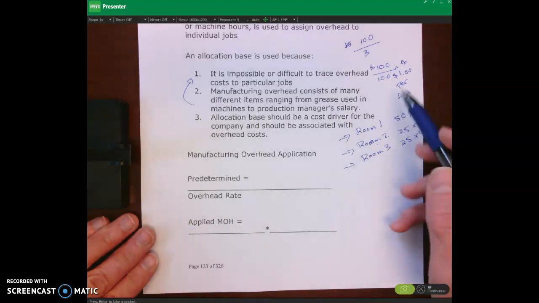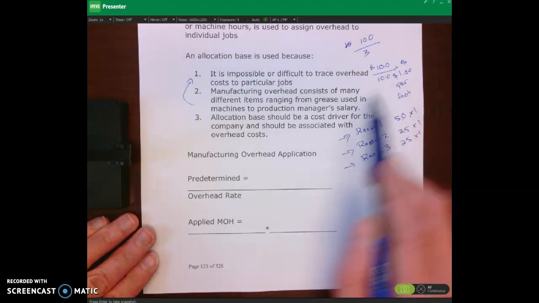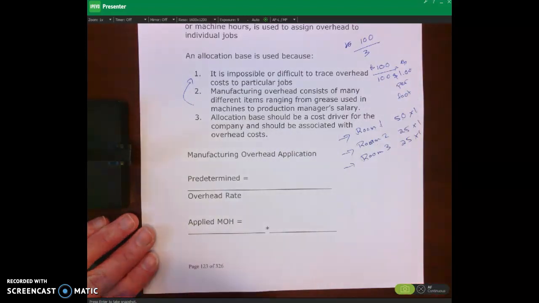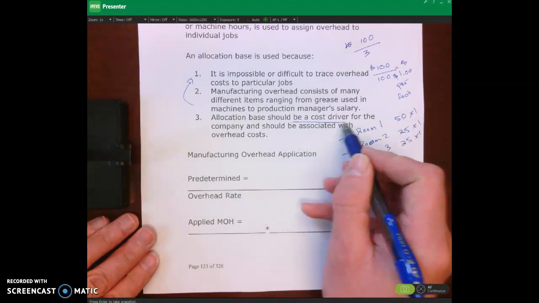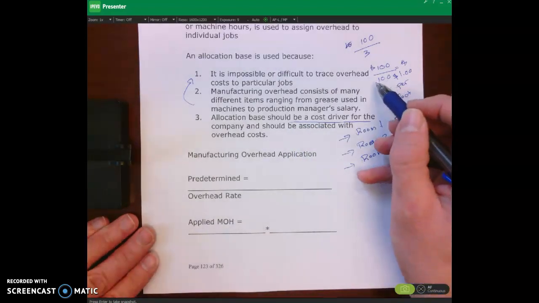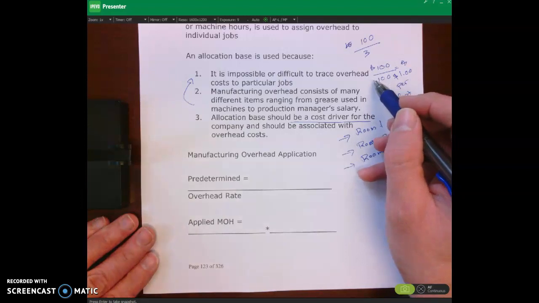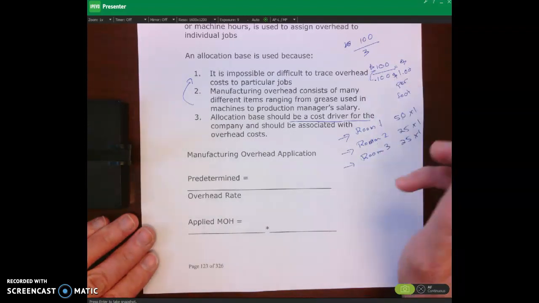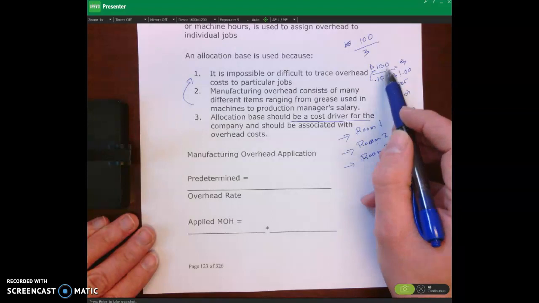When we talk about our choice of the allocation base, it has to be a cost driver. Okay, so what that means is that if a roommate has more square footage, or the more square footage that we have, if that increases utilities costs, then this would be a cost driver.